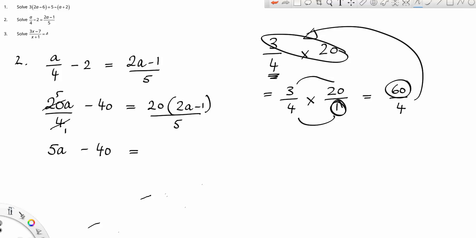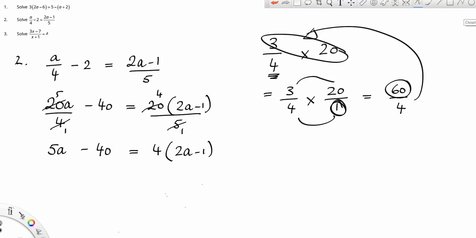Then over here, 20 on the top, 5 on the bottom. 5 will go into 20 4 times. And so that really becomes 4 outside of 2a minus 1. Alright, so that is starting to now look a little bit more manageable.